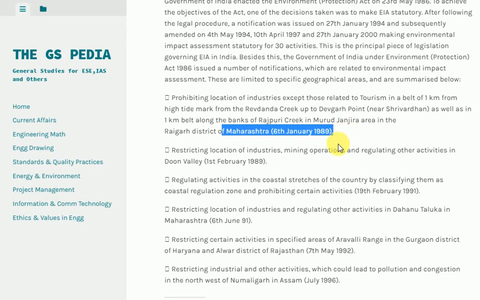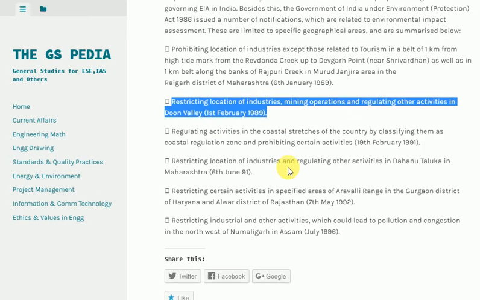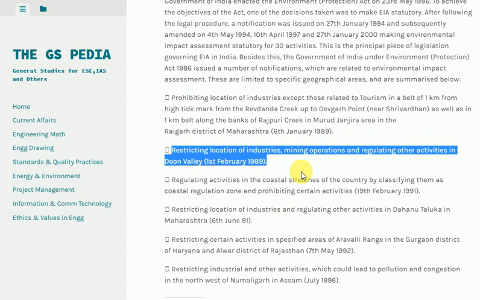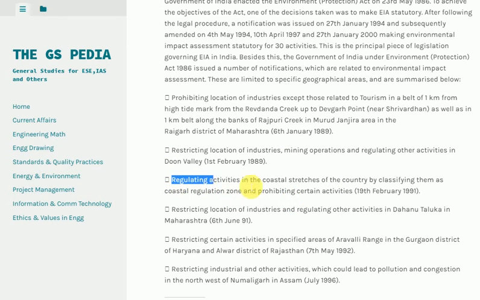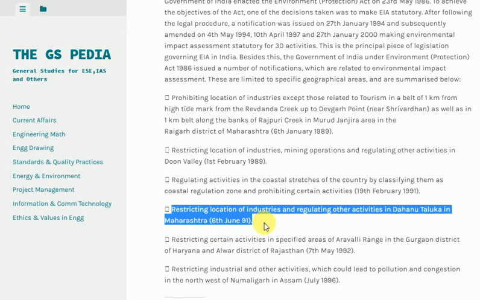Restricting location of industries, mining operations, and regulating other activities in Doon Valley, the 1st of February 1989. Regulating activities in the coastal stretches of the country by classifying them as coastal regulation zone and prohibiting certain activities, the 19th of February 1991.